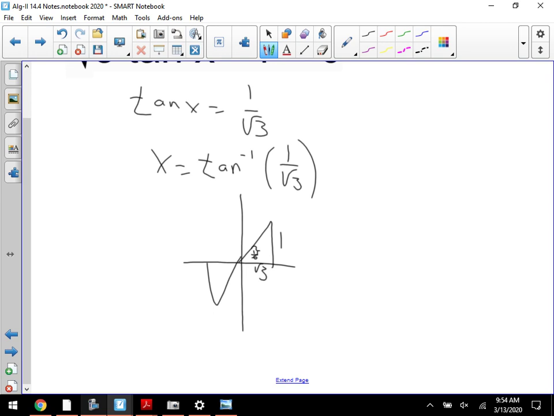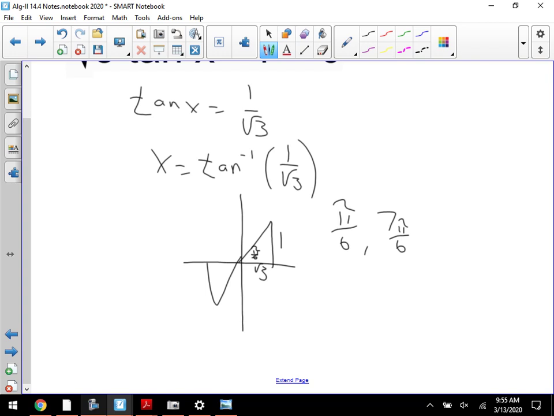Oh, wrong quadrant. Very good. Notice how it's eerily similar to inversing values before. You're just basically adding one extra step.